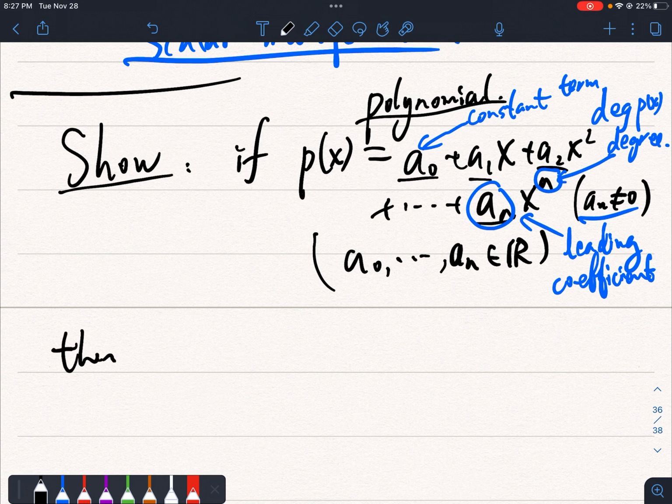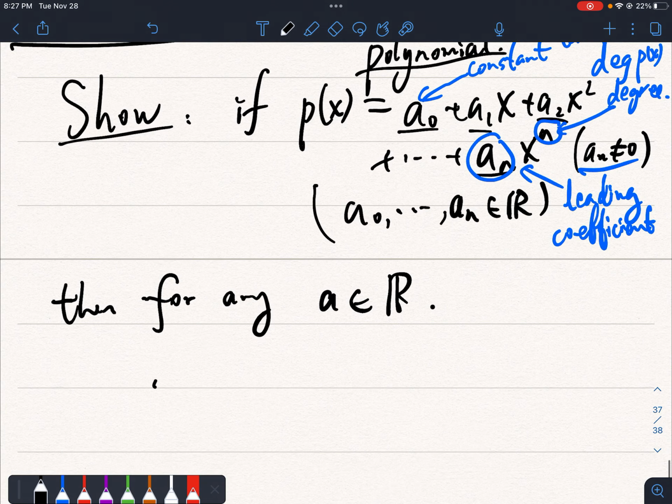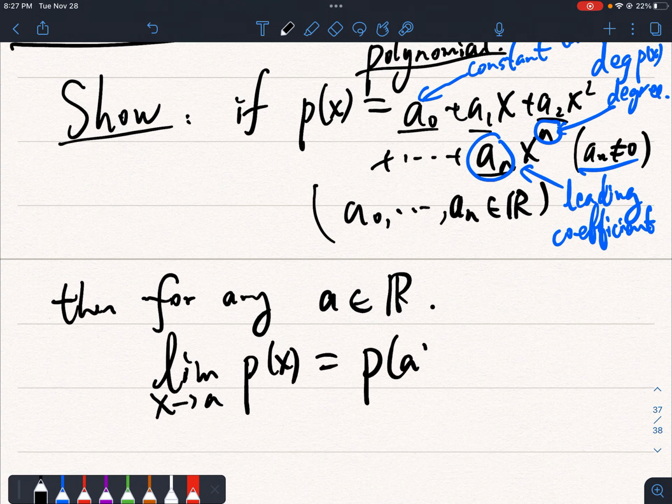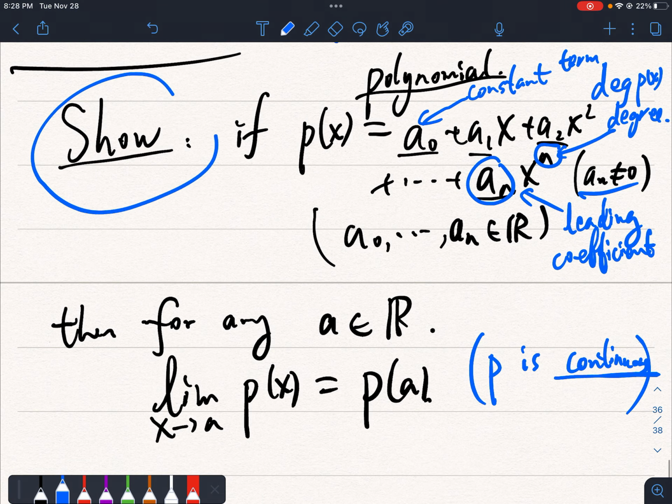What we want to show is that for any a in R, which means for any point in the real numbers, the limit as x approaches a of p of x is actually equal to the value at this point. Later, basically just in the next video, we'll see this just means that every polynomial is continuous. This just means p is continuous.